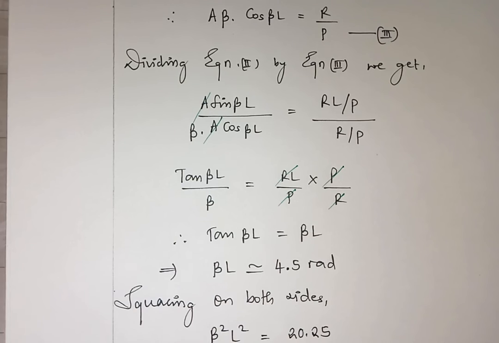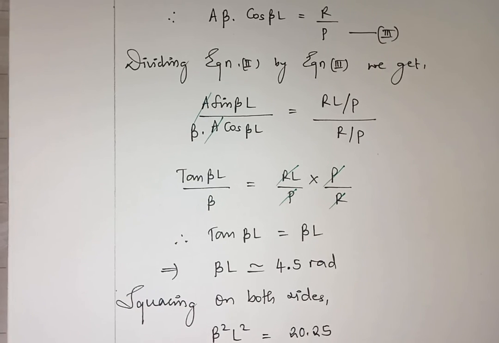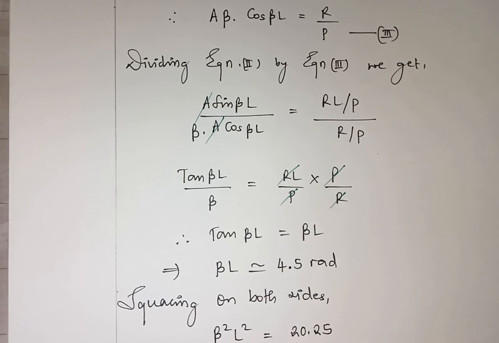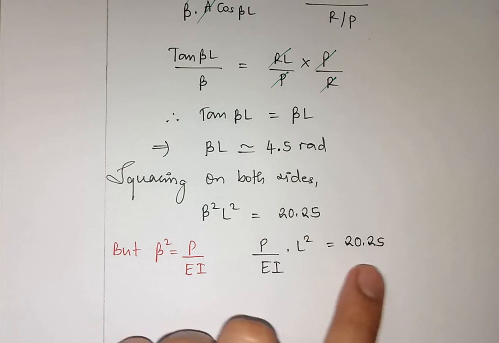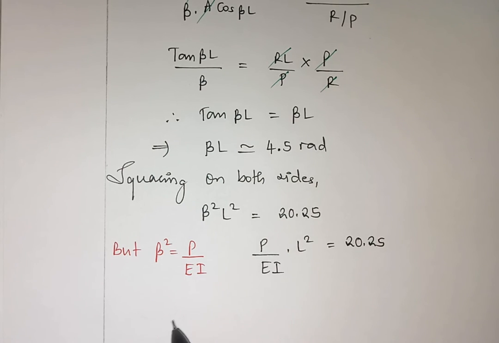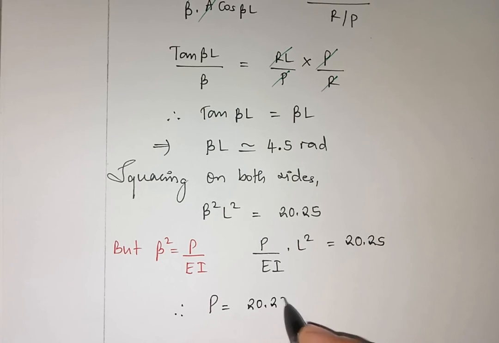But we know that beta square is equal to P divided by E into I. So I put the value of beta square: P divided by E into I into L square is equal to 20.25. Therefore, P is equal to 20.25 into E into I divided by L square.